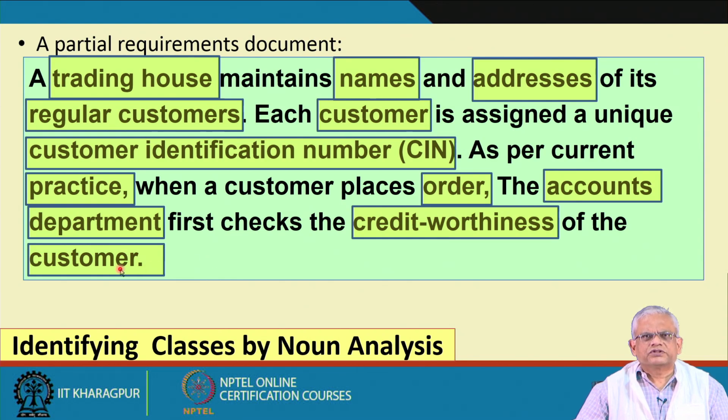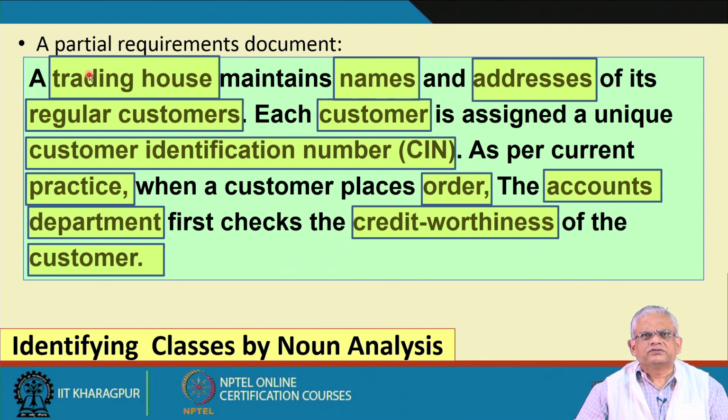The first thing we should possibly do is eliminate the duplicate ones. Customer is present here and also customer is present here. We should take one of those, and let us apply the criteria that we are discussing.